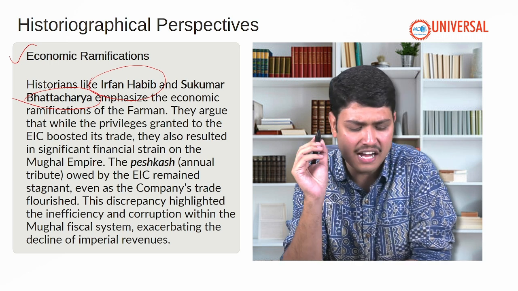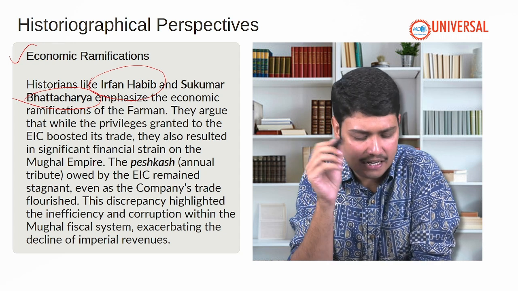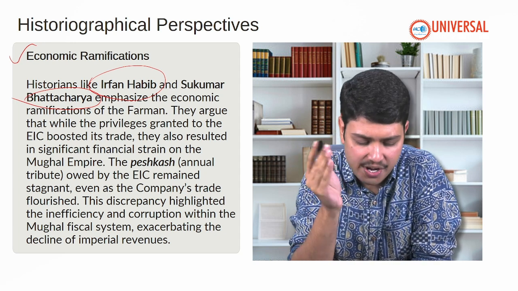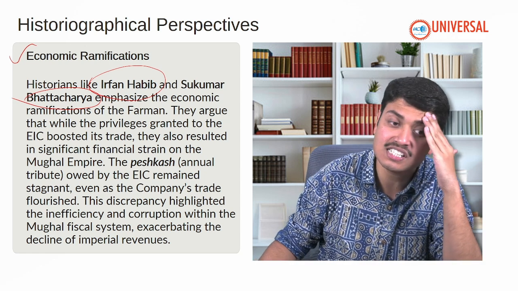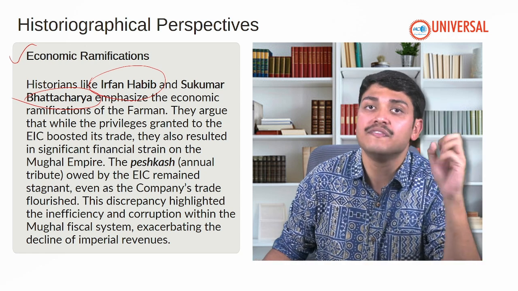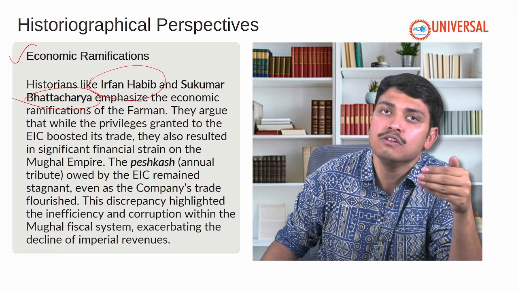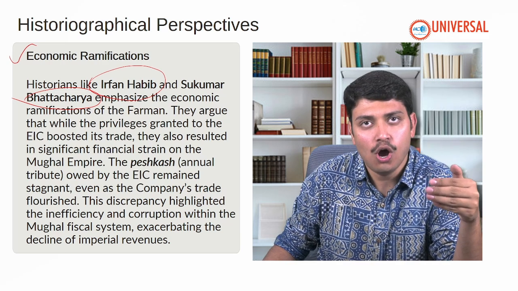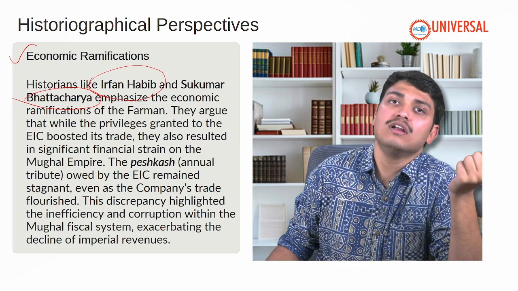They argue that while the privileges granted to the EIC, the East India Company, boosted its trade, they also resulted in significant financial strain on the Mughal Empire. So on one hand, it is beneficial for the East India Company. On the other hand, it drains the wealth from the Mughal treasury.